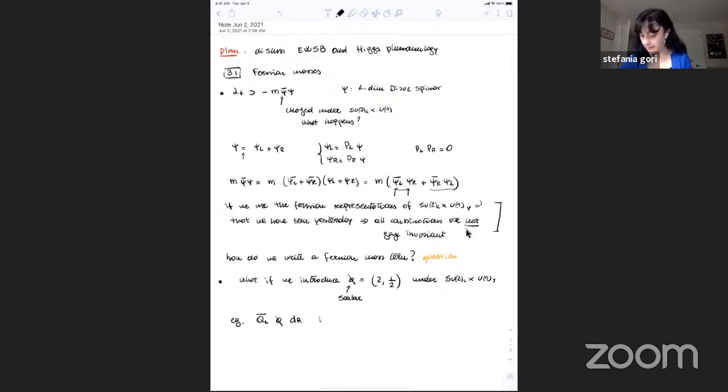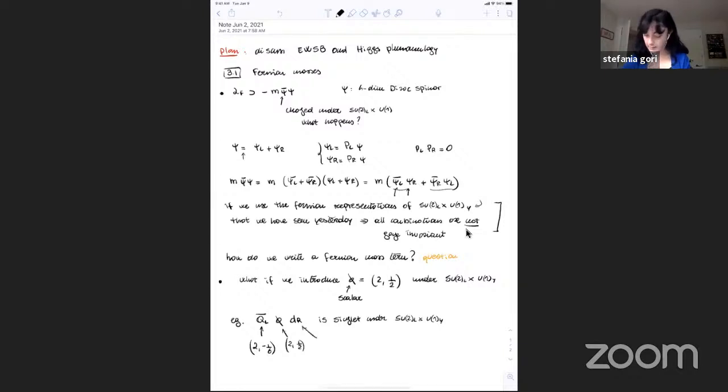And this is a singlet under SU(2) times U(1). Just to give you a brief reminder of the quantum numbers: this guy here we introduced yesterday, this was a (2, -1/6). This we just said is a (2, 1/2).